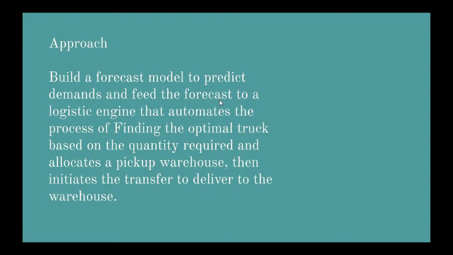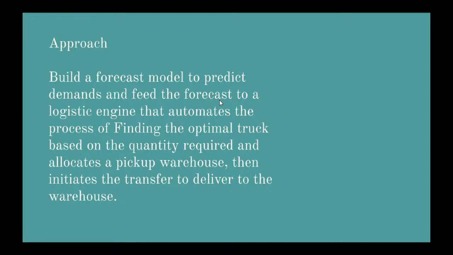insights from the data, and we built a linear regression model to help us forecast the demand for each individual depot. The forecasted value is fed into a logistics engine that automates the process of finding the optimal truck that can carry the quantity, as well as allocating the pickup warehouse or pickup location.